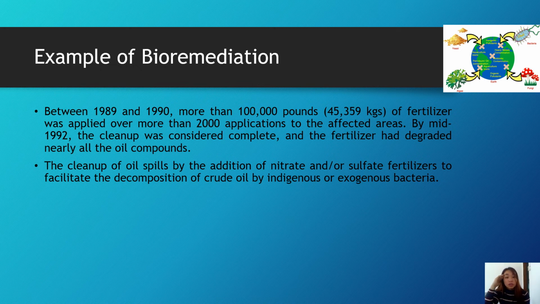Sorry, this is in the US. The cleanup of oil spills was done by the addition of nitrate and/or sulfate fertilizers to facilitate the decomposition of crude oil by indigenous or exogenous bacteria. So this one is with the use of fertilizers.